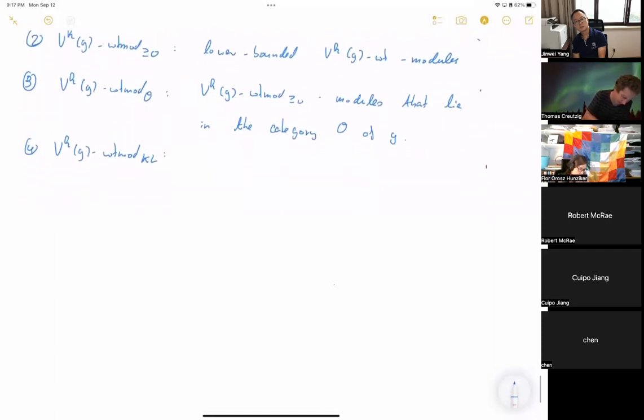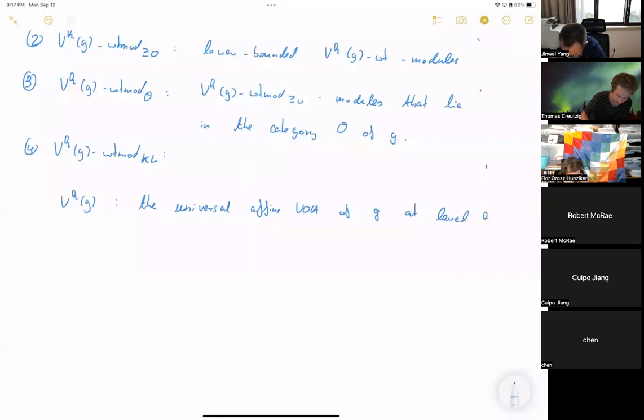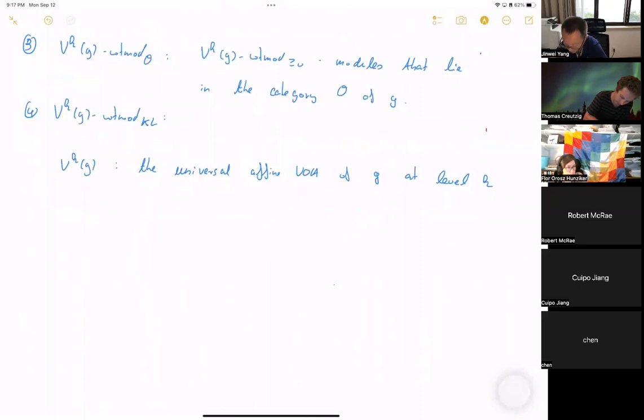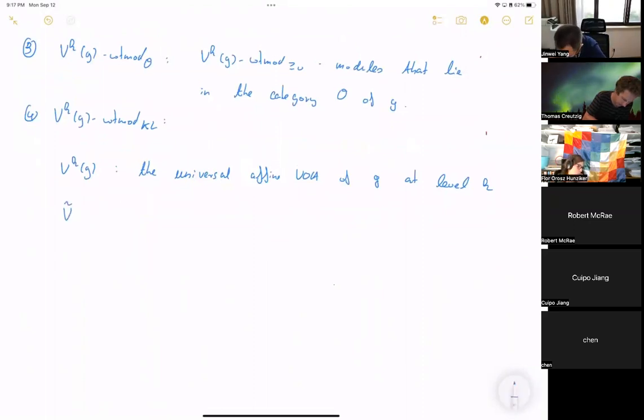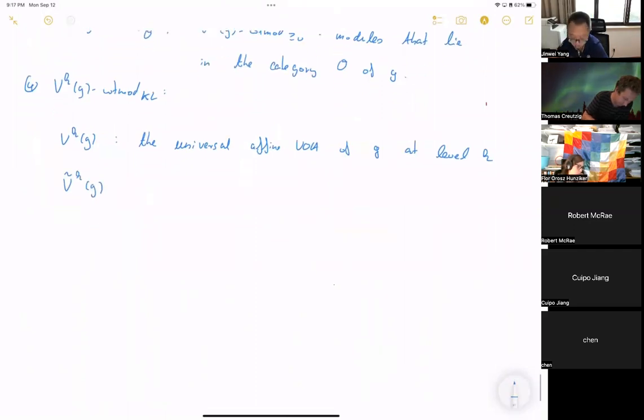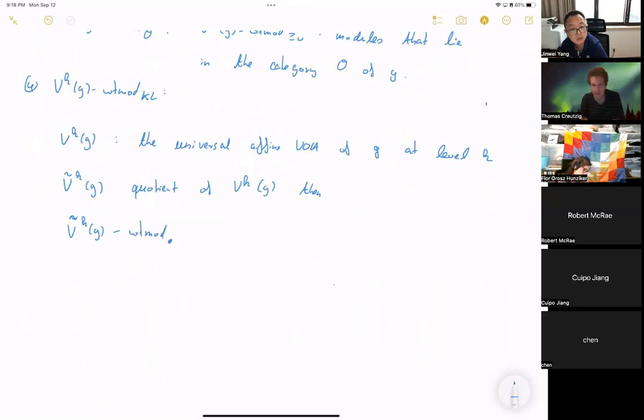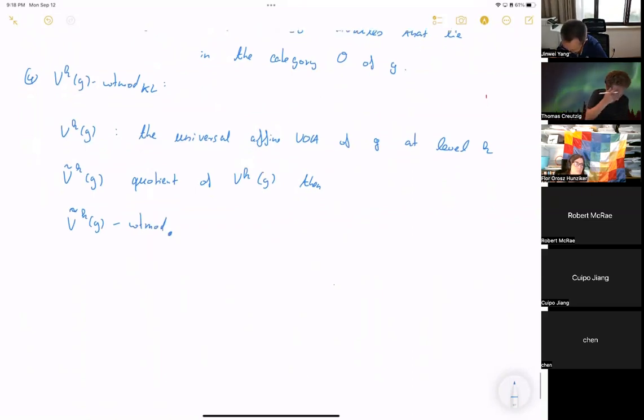And here by V^K(g), I mean the universal affine VOA of the Lie algebra g at level k. And now if we have a quotient of that, then we denote by Ṽ_k(g)-weight-mod-dot the following, where the dot stands for either nothing, lower bounded, ordinary, or Kazhdan-Lusztig.